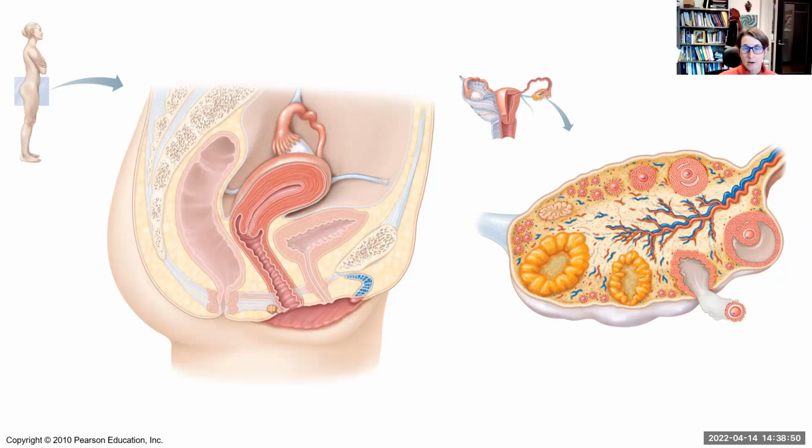If that ovum is not fertilized, then it dies within 24 hours of ovulation. So even before it gets through the uterine tube, that cell has died, and it's just going to get sloughed off when a woman menstruates.